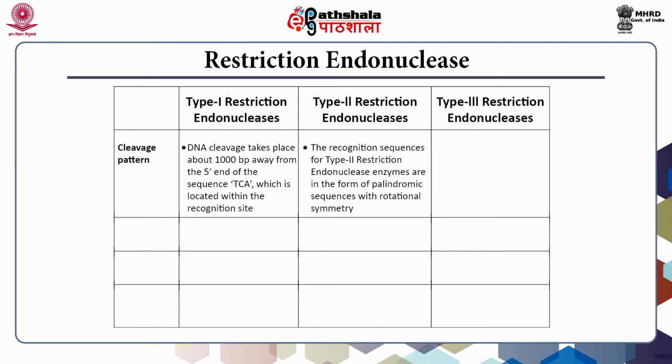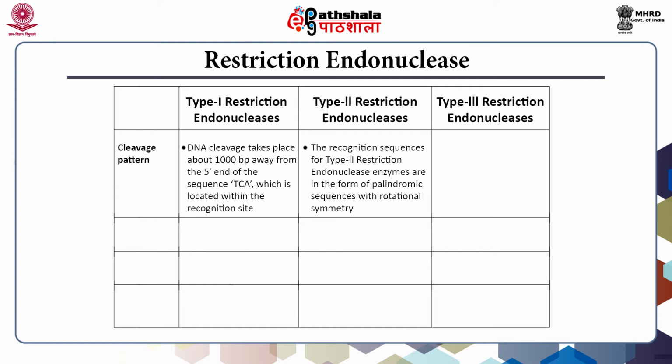A palindromic sequence is a sequence that is the same when read from 5' to 3' on one strand and 3' to 5' on the other complementary strand. Examples of type 2 restriction endonucleases are HindIII, EcoRI, PvuII, EcoRV, HaeIII.